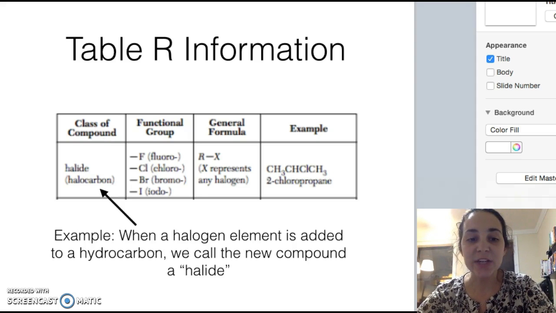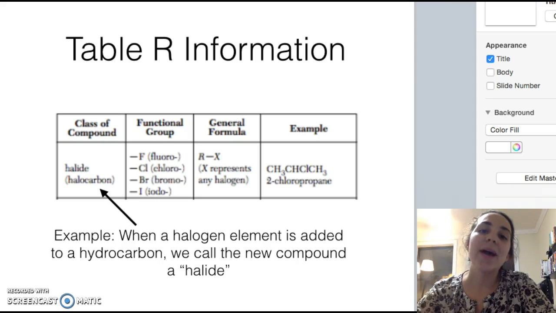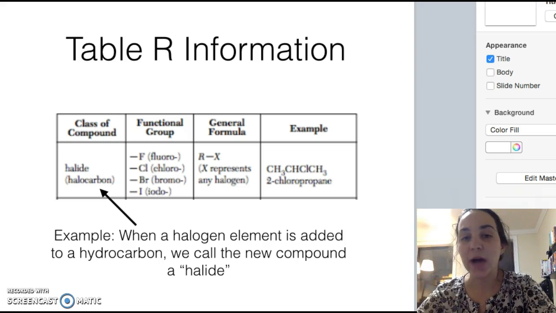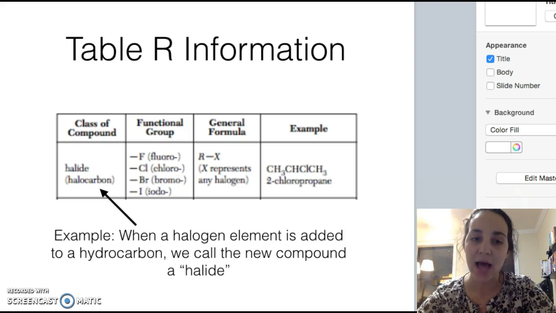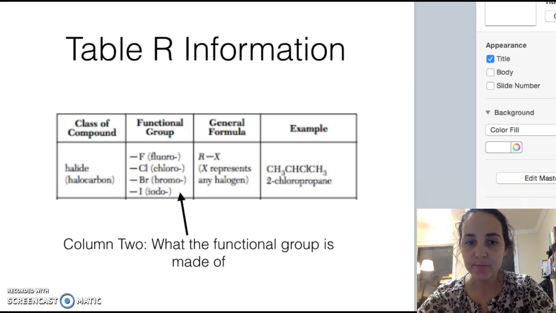For this particular example, you can see that when a halogen element is added to a hydrocarbon, we get a new compound, and that new compound is now called a halide. We can categorize any hydrocarbon that has a functional group of a halogen into this halide class.